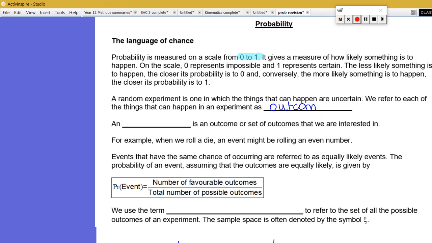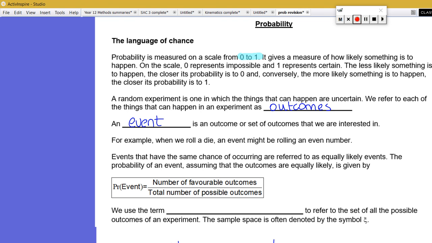If I'm rolling that die, the two outcomes I'm interested in are whether it's odd or even. The particular event I'm interested in is whether it's an even number, the probability of an even number. So the outcomes would be odd and even, and the event would be the one that I'm interested in, which is the probability of rolling an even number.